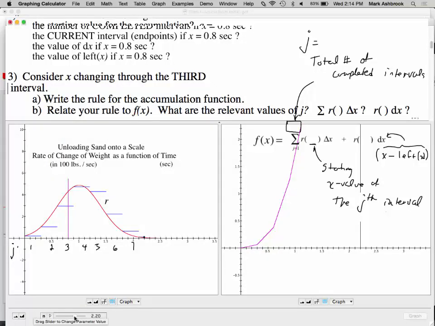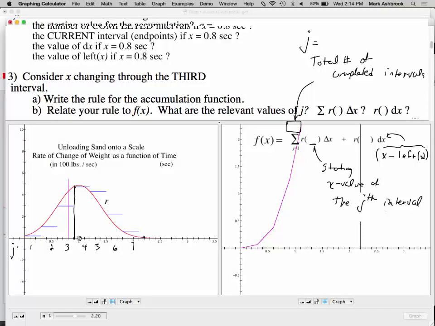And if we come out here to interval 4, what do we need? J equals 4, and we need this x value right here, the left side of the 4th interval.